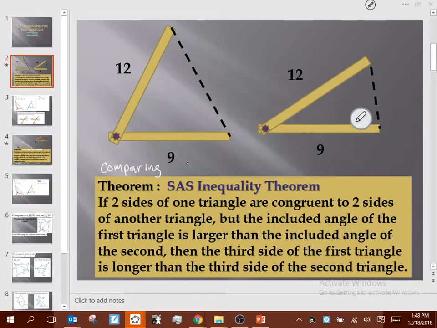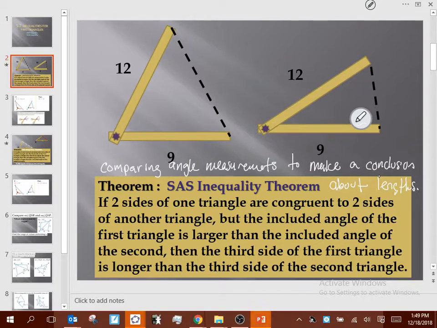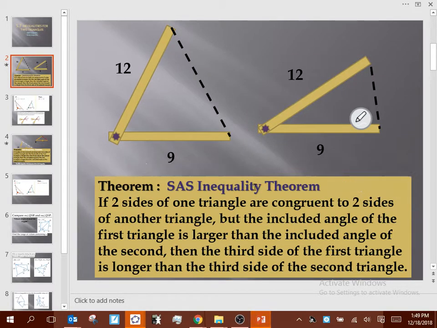We're comparing angle measurements to make a conclusion about lengths. Okay? Comparing angle measurements to make a conclusion about lengths.